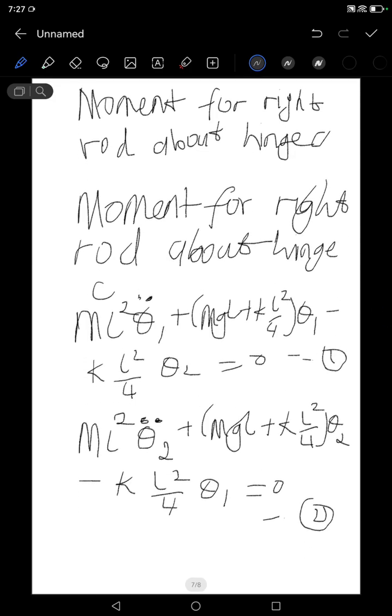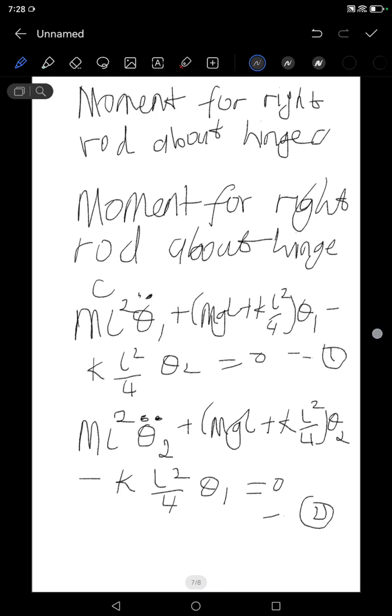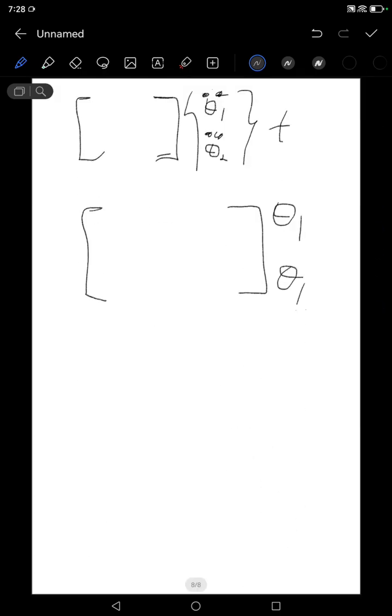For our mass, you can see we have m L squared theta double dot 1. So we take the coefficient of theta double dot 1, and for the stiffness we take the coefficient of theta 1 and of theta 2. The coefficient of theta double dot 1 is m L squared, for theta 1 it is mgl plus k L squared over 4, and for theta 2 it is negative k L squared over 4, same as equation 2.